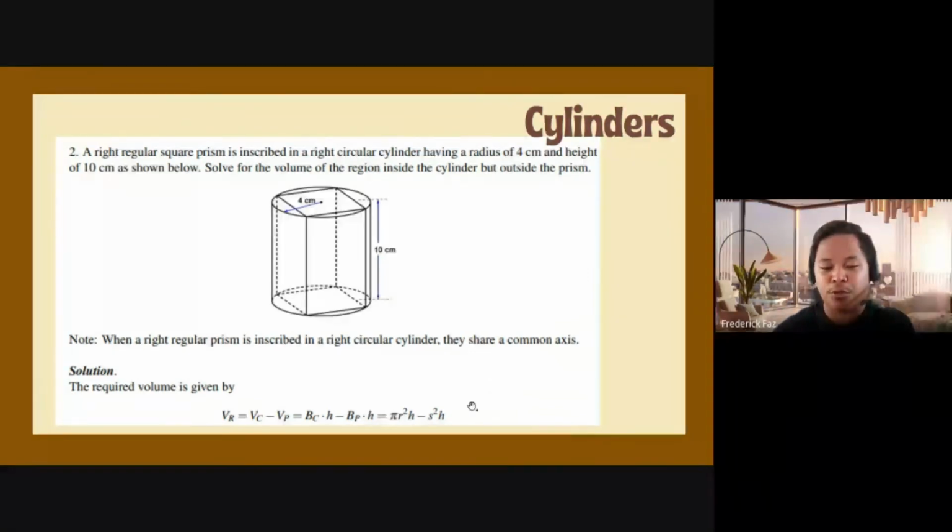So if we're going to calculate it po or in other formula po, we have pi r squared h minus s squared h. S squared po since given po na prism is a square prism. So let's proceed.